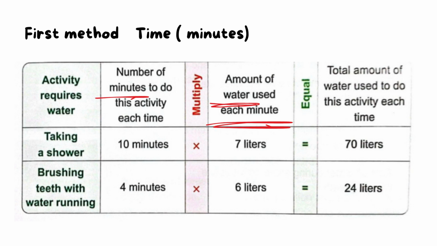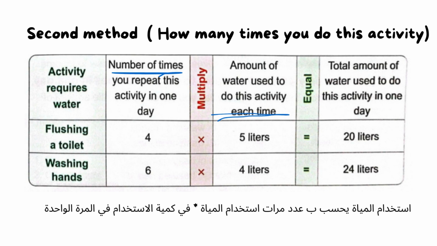Also we have another method to calculate our usage of water, if you know how many times you do these activities. For example, you flush the toilet 4 times, and each time it takes 5 liters. So we have used 20 liters of water in the day.